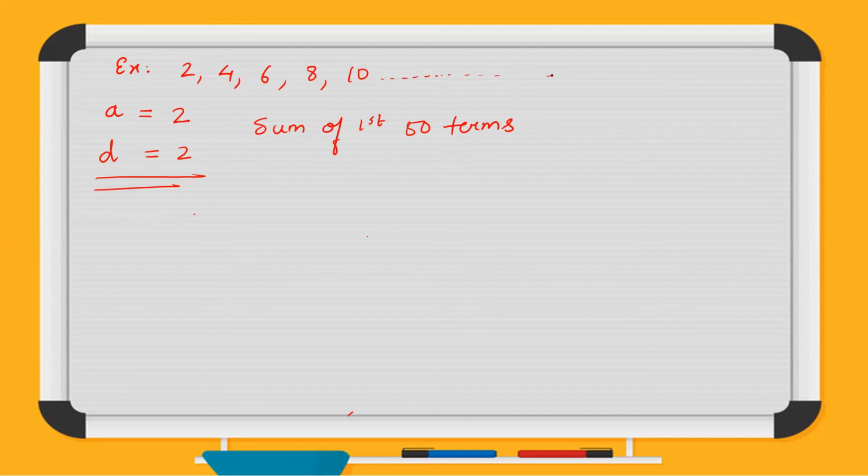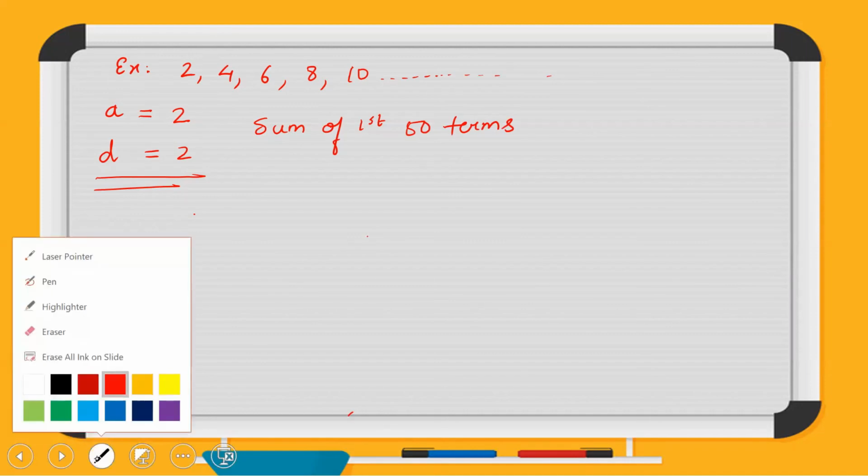We cannot actually go on adding each term to find the final answer, right? So as we had a general formula to find the nth term, we also have a general formula to find the sum of first 50 terms.